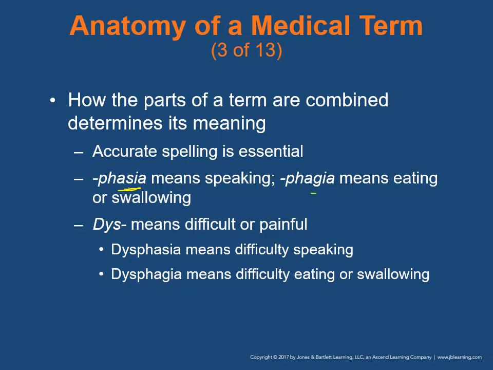Phasia with a G means eating or swallowing. The prefix dys means difficult or painful. Dysphasia means difficulty speaking. So here you have the combination of the words. You have dys, that means difficulty, phasia, which means speaking, difficulty speaking.